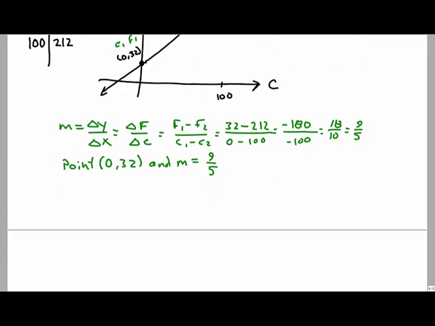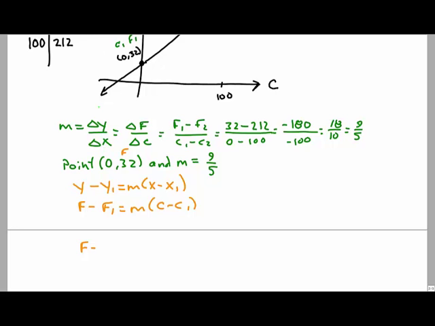So for this one, I'm going to use the equation y minus y1 equals m times x minus x1. Now remember, our y's are Fahrenheits. So this would be F minus F1 equals the slope times Celsius, because that's my x-axis, minus C1. Now F1 and C1 are right over here.